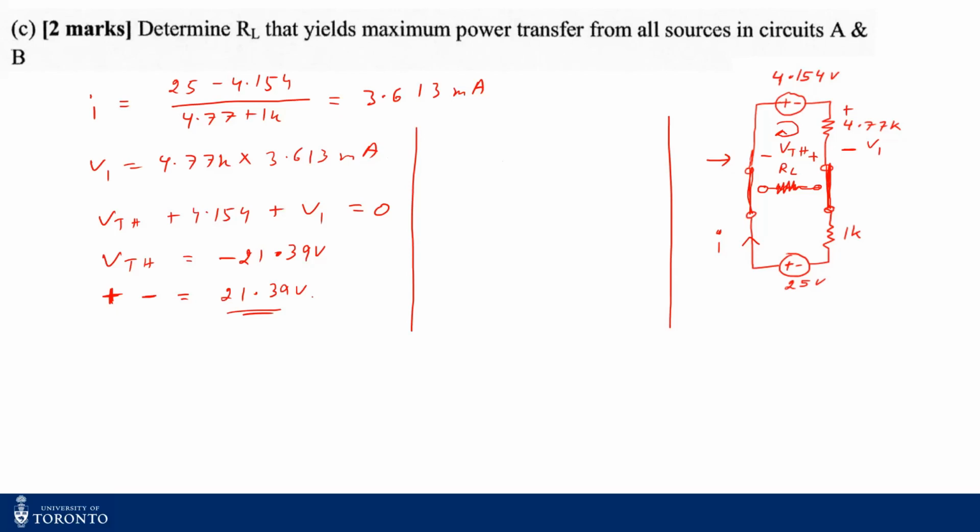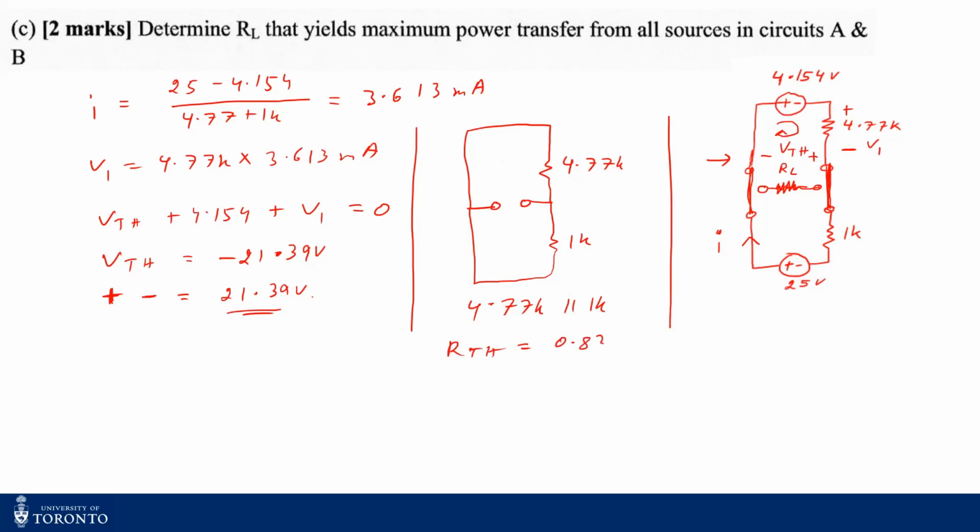So for RThevenin, this is 4.77k and this is 1k. So my RThevenin is 4.77k parallel with 1k, which is basically 0.83 kilo ohms.